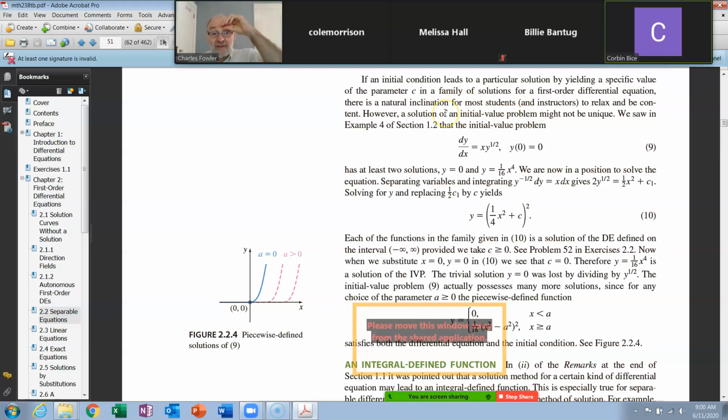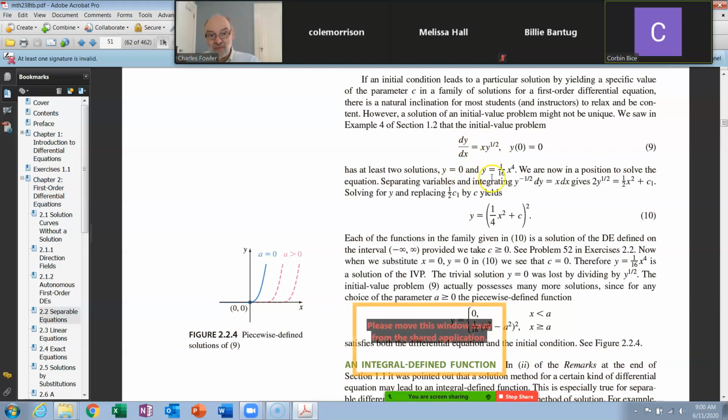There's a natural inclination for most students and instructors to relax, be content. Don't do that. The solution of an initial value problem might not be unique. And we went over that before. We saw it in example 4 of section 1.2 way back there. The initial value problem here actually has two solutions. Of course, when y is equal to 0, the derivative of y with respect to x would be 0. That would be a solution.